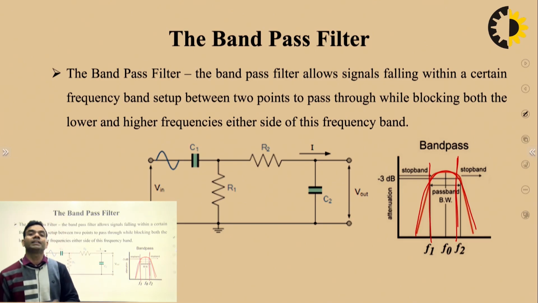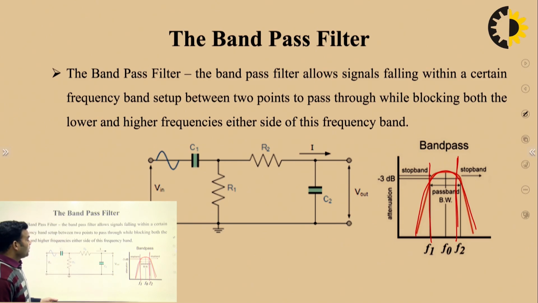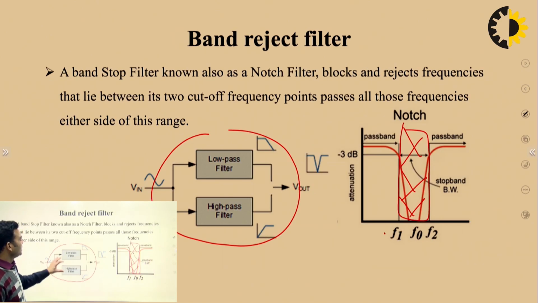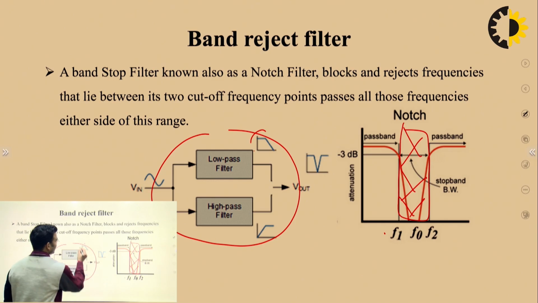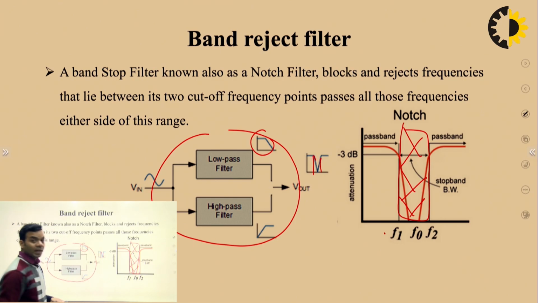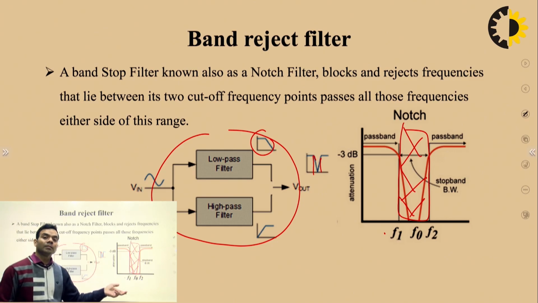They should be connected in series. But we need to remember that in this case, the cutoff frequency of the low pass filter should be less than the cutoff frequency of the high pass filter, otherwise it will become an all pass filter.